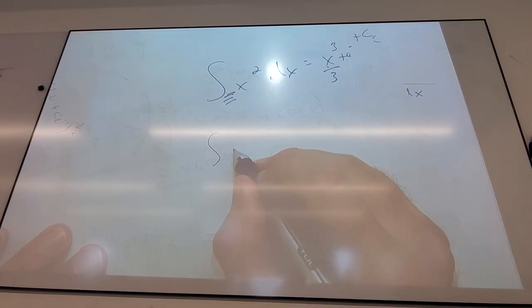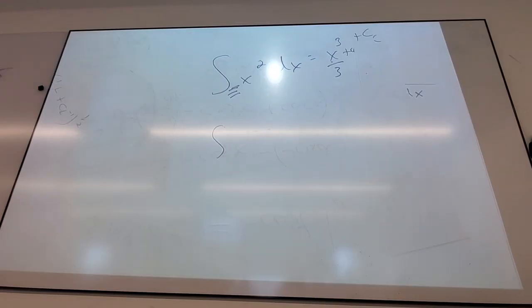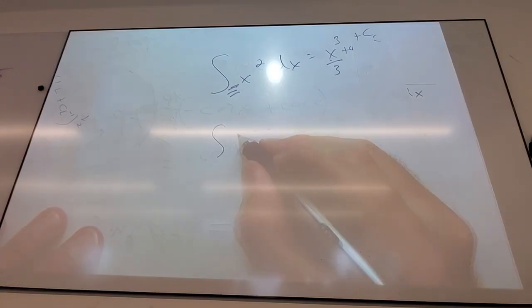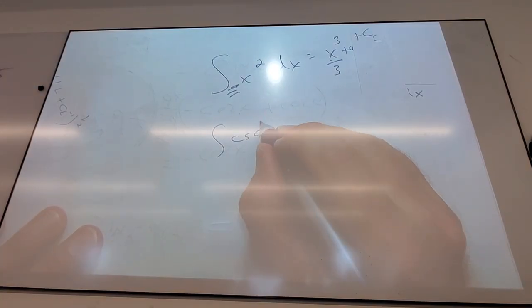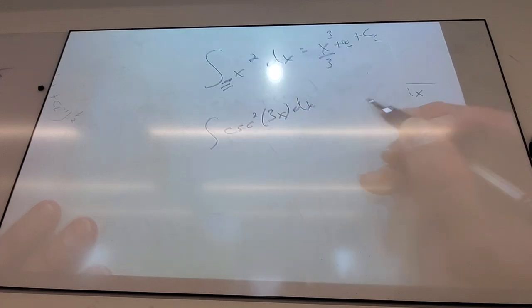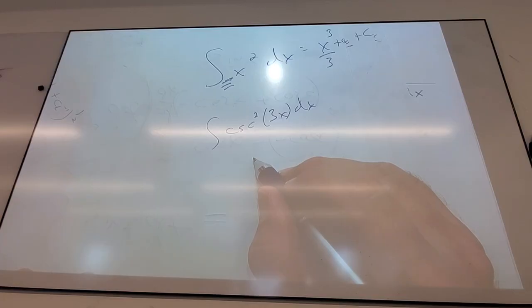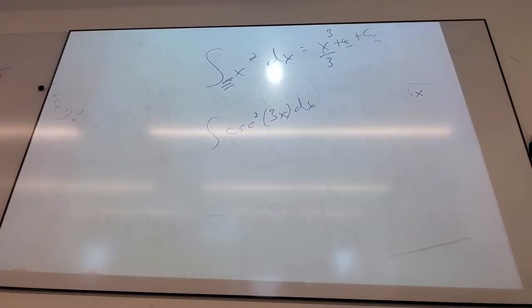Like if I'm doing this here, what do you got, Jeff? Write something. You can do it, buddy. Cosecant squared 3x dx. What would this be? What do you take the derivative of to get cosecant squared?